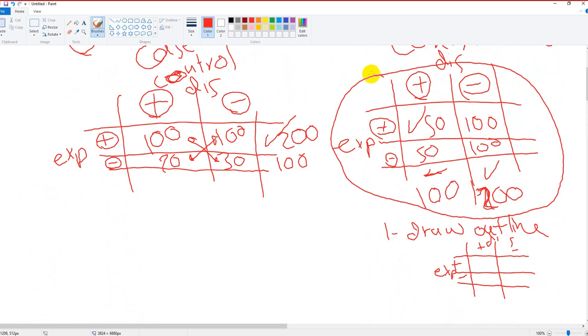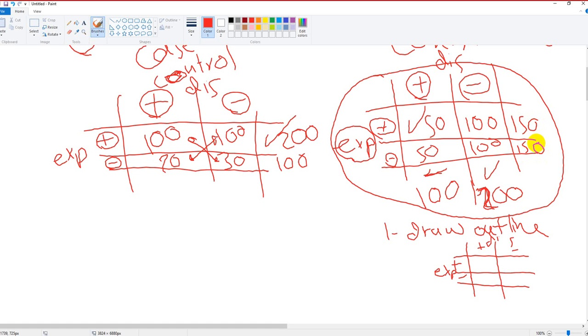How many people are exposed in total? So exposed are the first column. So 50 plus 100, 150. Wonderful. That's perfect. How many people who are not exposed? 150. Exactly.